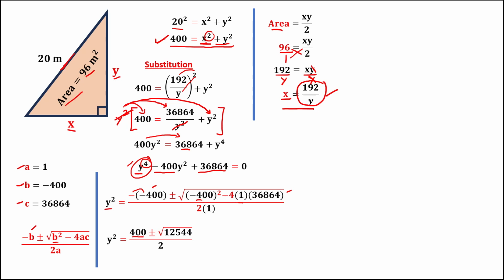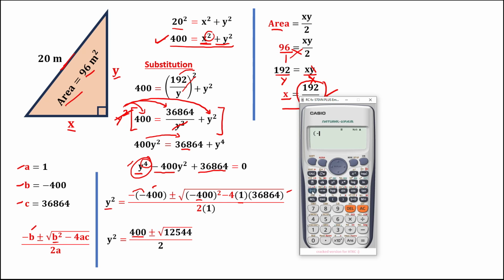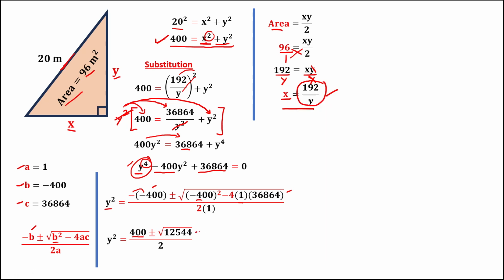Then to simplify, this double negative becomes positive. So we have negative 400 to the power 2 minus 4 times 1 times 36,864, which equals 12,544, then over 2.